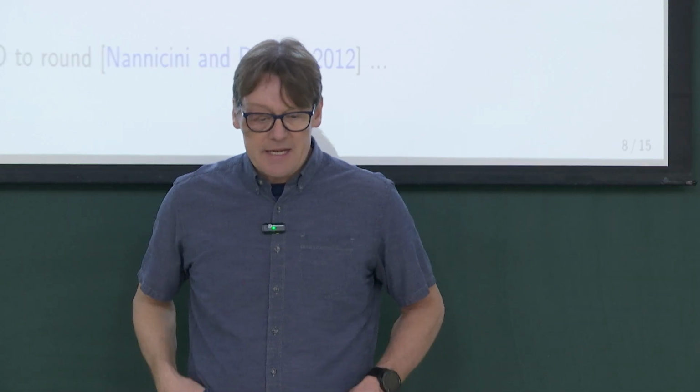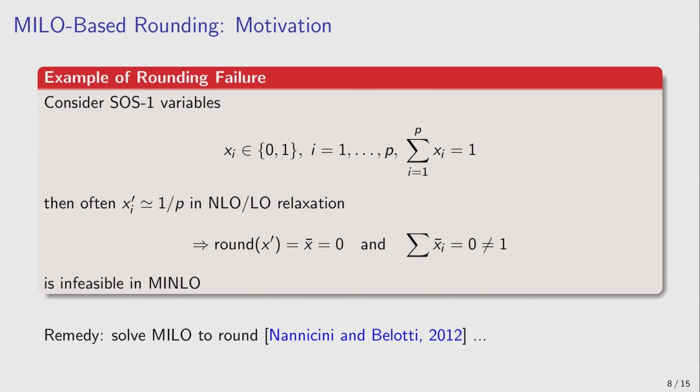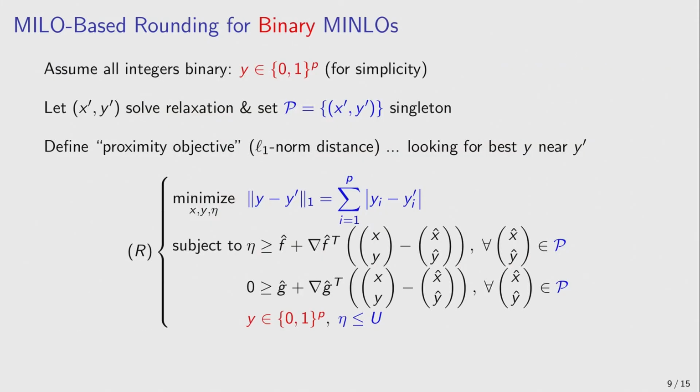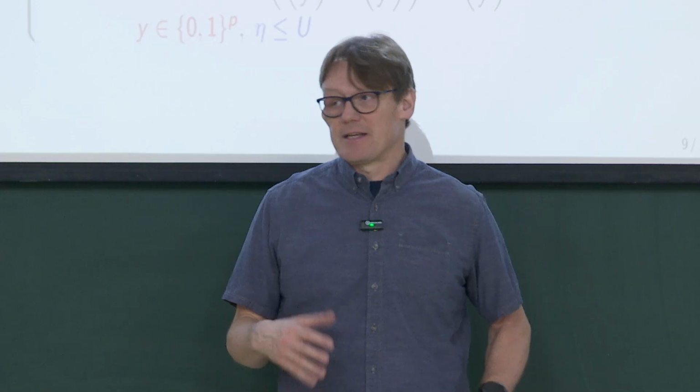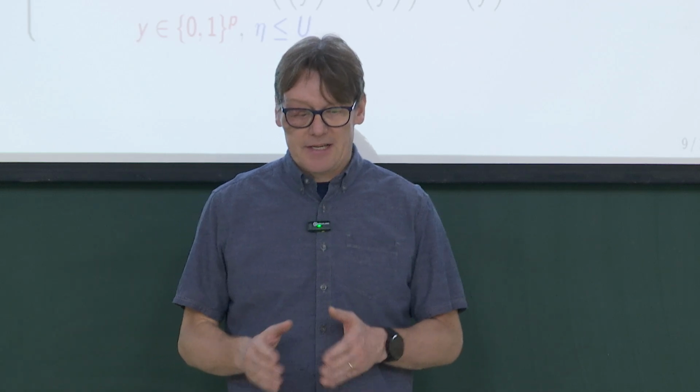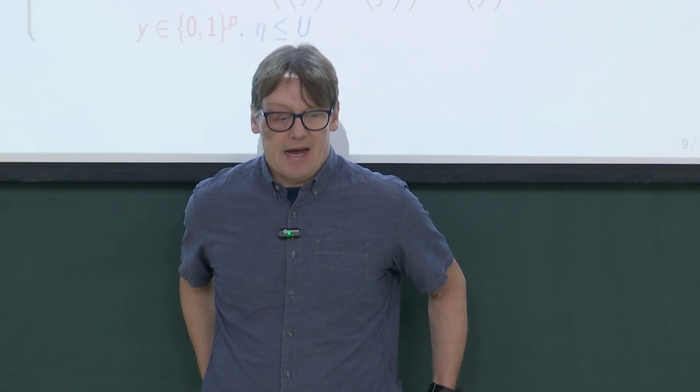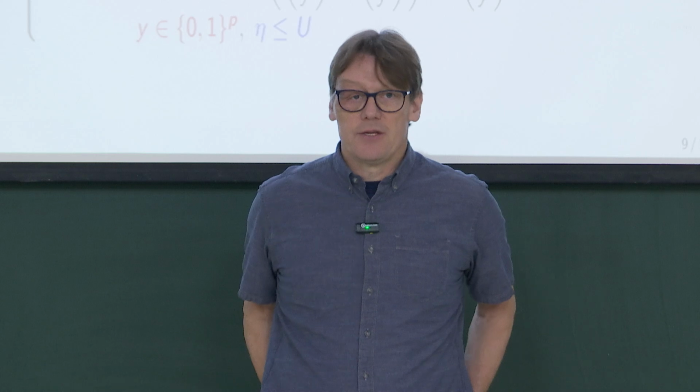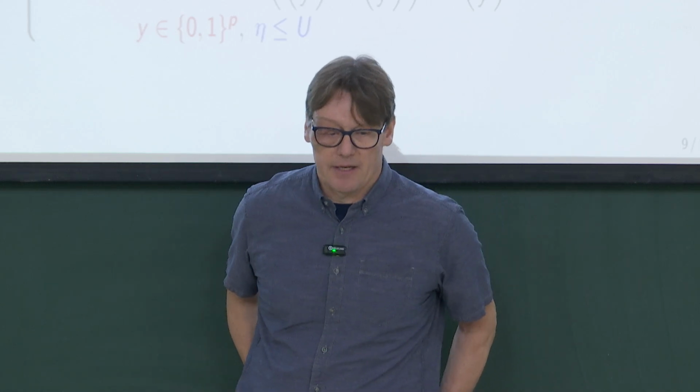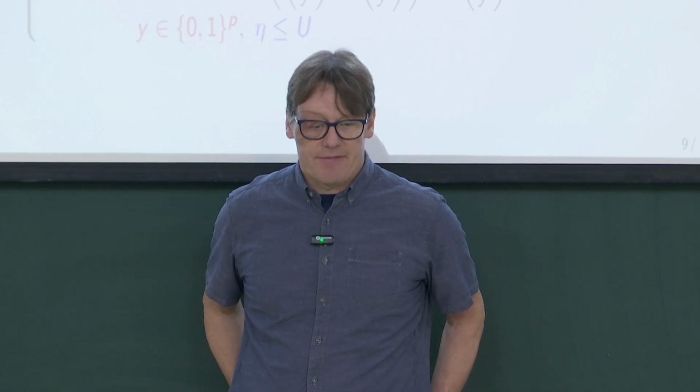And so one remedy is a technique that was developed by Pietro and a colleague of his, Giacomo Nannicini. They developed this technique in the context of binary mixed integer nonlinear optimization. So that's a very important class of subproblems. I can also always take any integer optimization problem where the integers are bounded and rewrite it as a binary optimization problem by using the one-hot encoding, for example, of the integer variables.